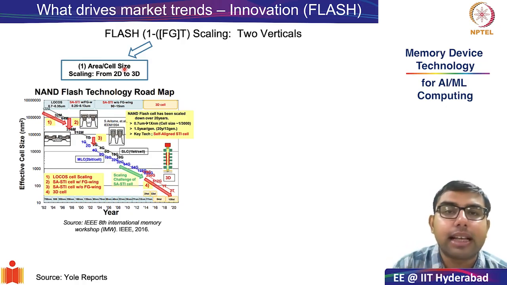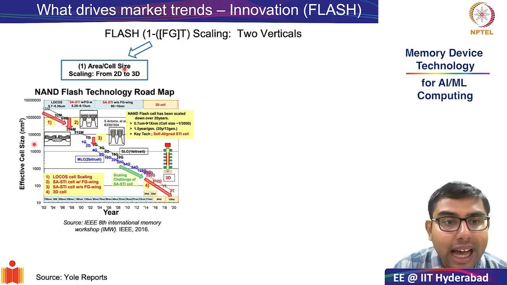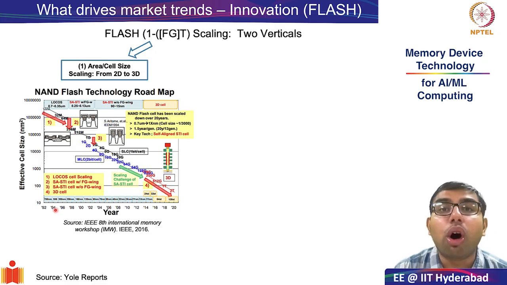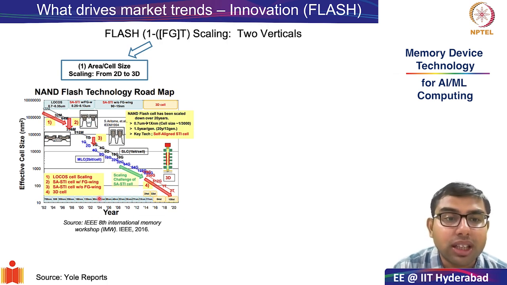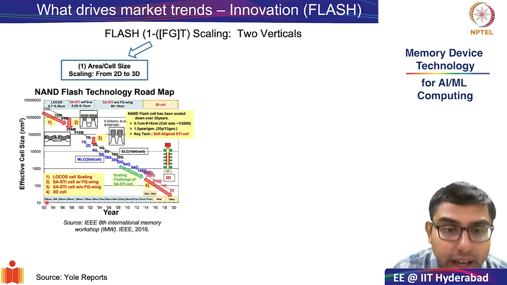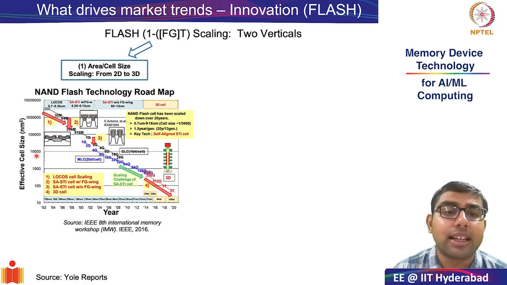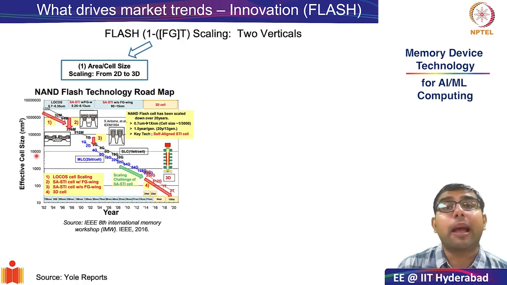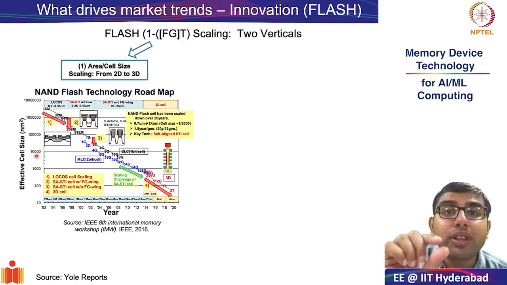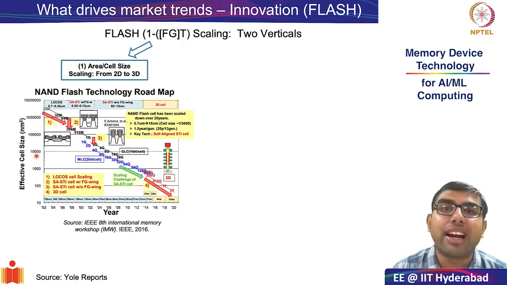The individual cell size of the NAND flash has gone through a radical transformation. As you see, the x-axis is in linear scale in years, but the y-axis is in logarithmic scale. So essentially, you are able to exponentially reduce the area of the floating gate transistor.